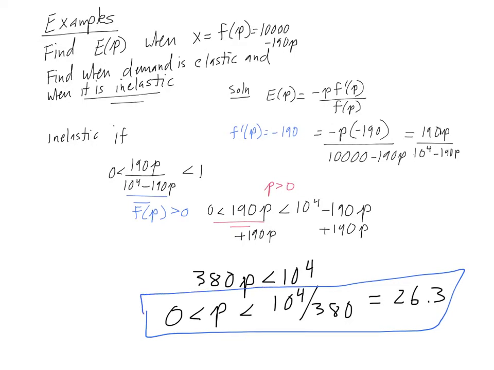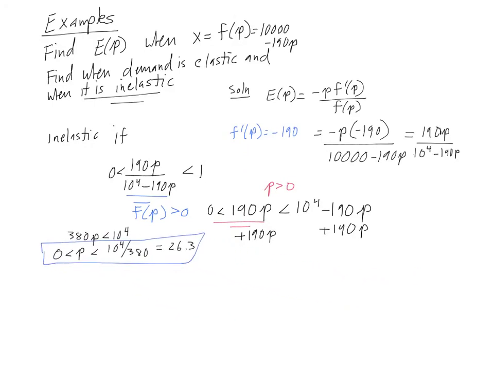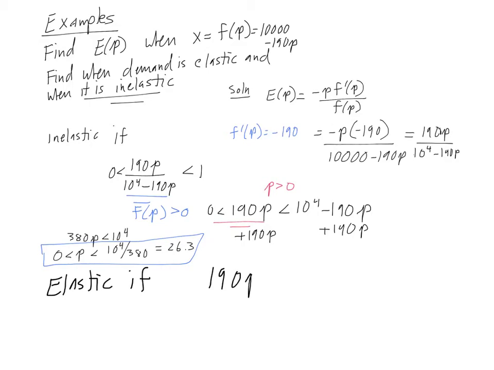Okay. And if we do a similar argument, elastic if 190p over 10 to the 4th minus 190p is greater than 1, we have almost the exact same math.